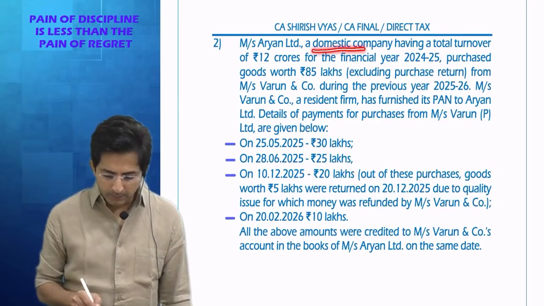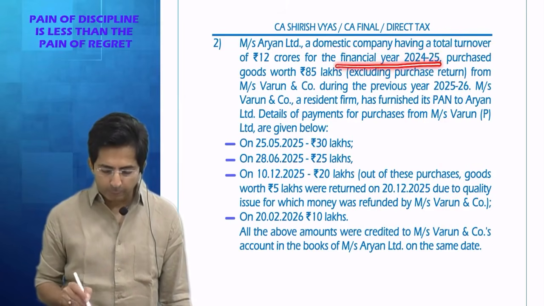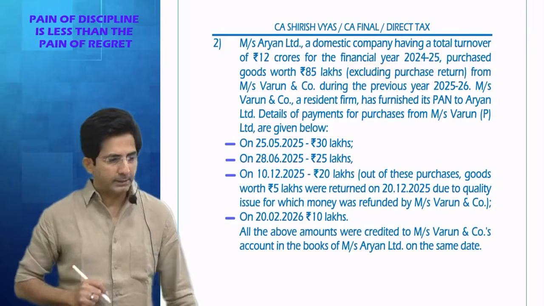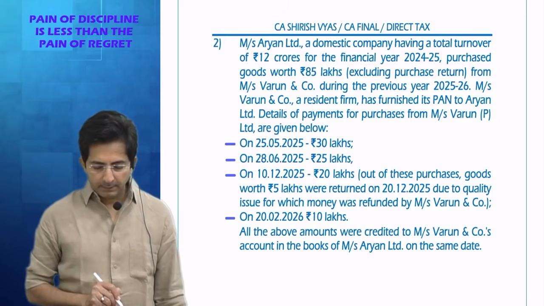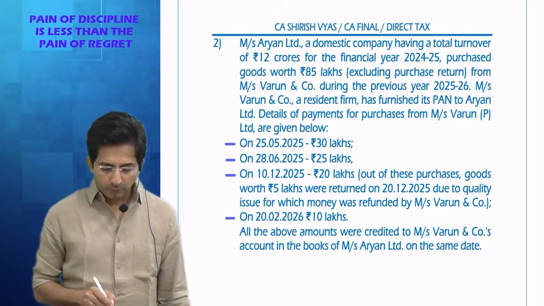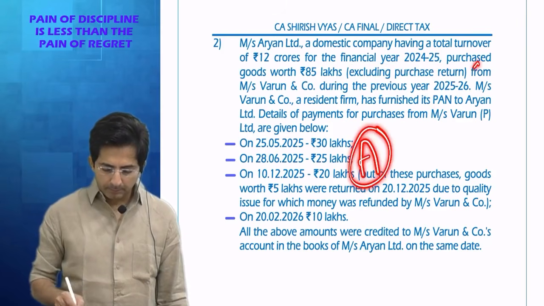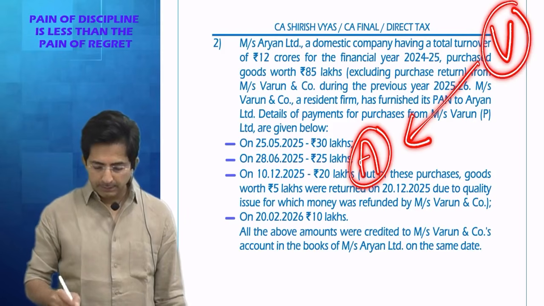Aryan Limited, a domestic company having turnover of 12 crores in the financial year 24-25. For our exam it is the preceding financial year. They purchased goods worth 85 lakhs excluding purchase return from Mr. Varun. So tell me, Aryan is the buyer of goods and Varun is the seller of goods, and TDS is to be deducted by the buyer of the goods.